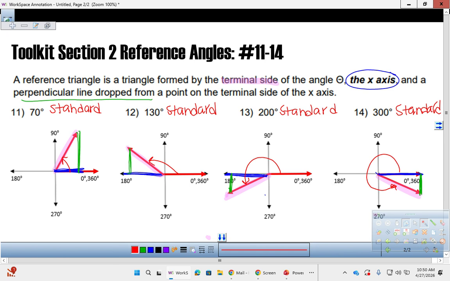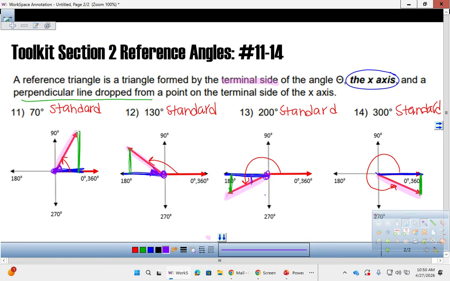So your reference angle, I'll do this one in purple. Your reference angle is going to be the angle in the corner of the triangle. So at the origin, whatever angle is touching the origin. So for this one, here's the origin. The reference angle is the one inside on the corner. So here's the origin.